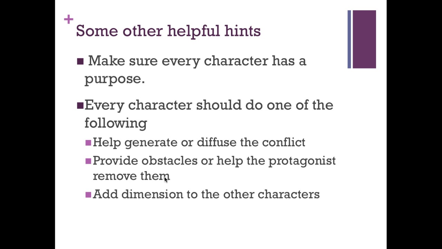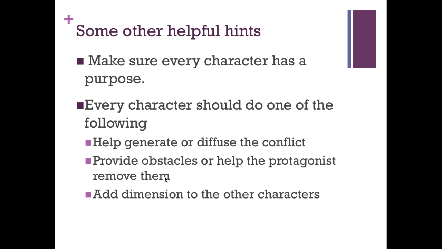It provides obstacles or helps the protagonist remove them. So if there's someone in the way, either that character helps the main character out or they create another obstacle. Like in Harry Potter, when they're going through all the different challenges at the end of the first movie or book, Ron helps with one of them, and then Hermione helps with another one.